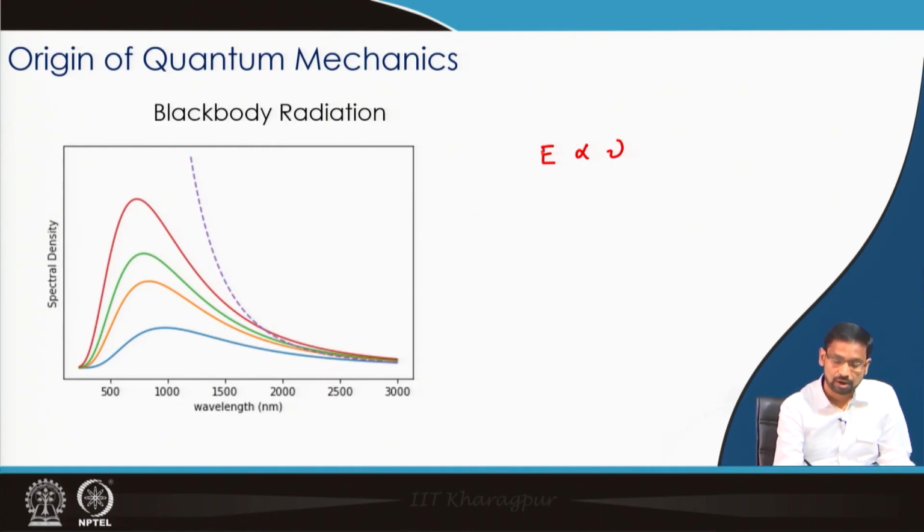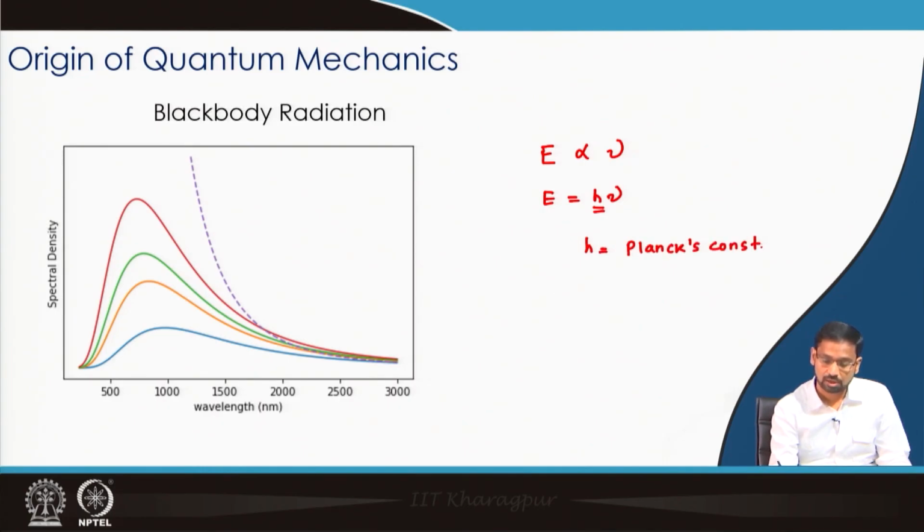Therefore, instead of using wavelength or frequency as a continuous function, he used it as a discrete set of values. In that case, the algebra changes, and using that concept, he could reproduce the experimental result, and to obtain this experimental result, he finally had to use this proportionality constant as h, and this h we know as Planck's constant.